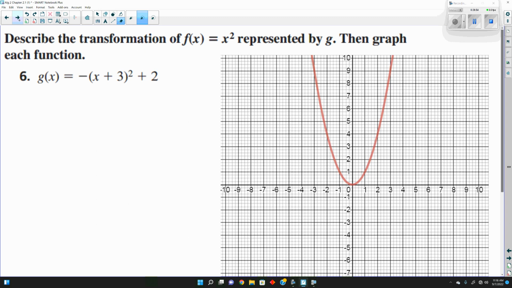Yes? How many transformations do we have? Because we've got the +3 inside. We have the +2 on the outside, but we also have the negative. So we can start with up 2, yes.